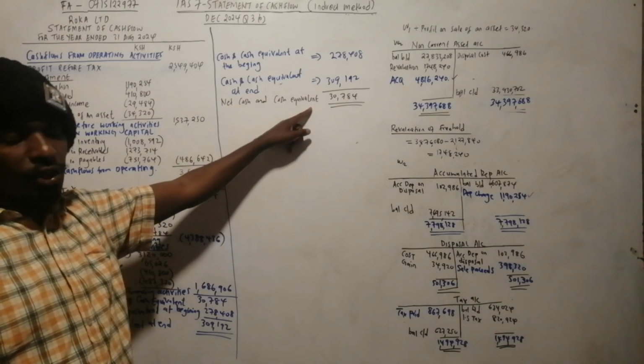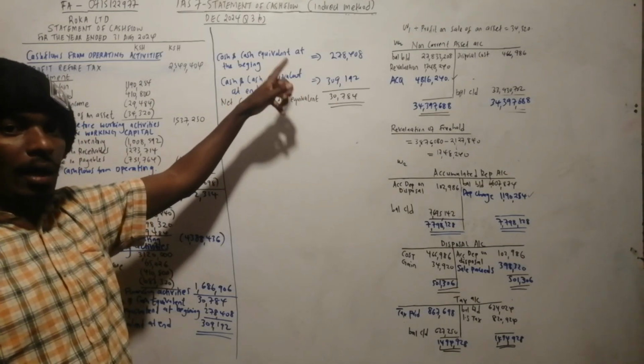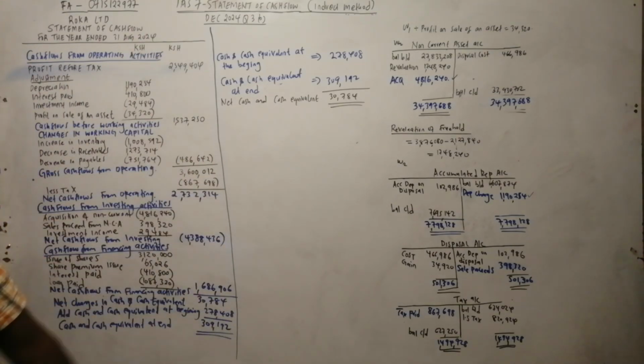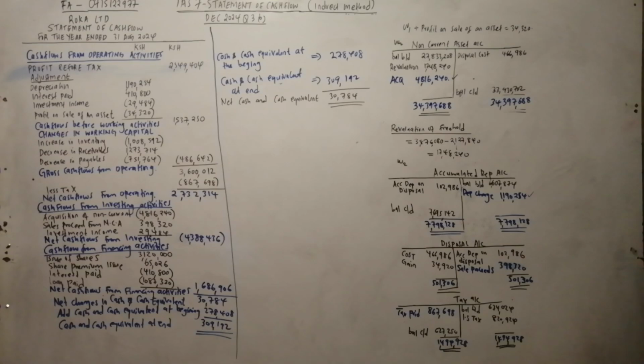So you go to your balance sheet and check the increase in your cash and cash equivalent. If you get the same, then you are correct, and that's how you are supposed to prepare the cash flow statement.